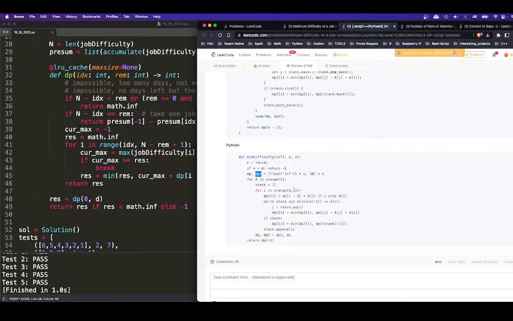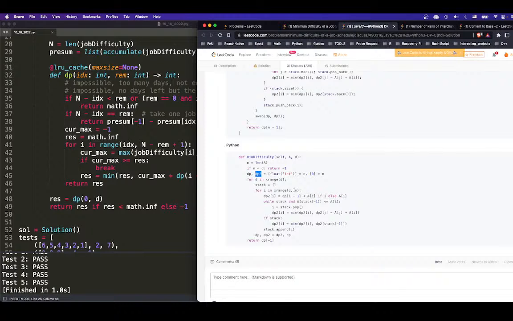So for me, difficulty, because we're on the same day, that means we shall find a universal result.